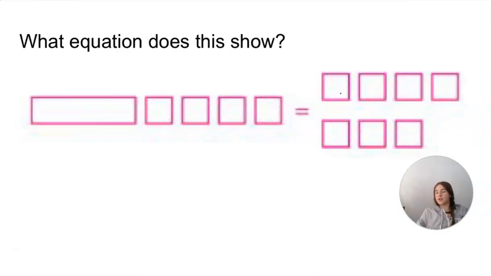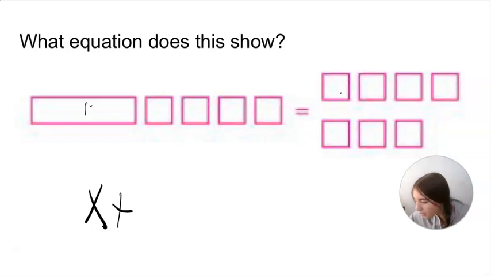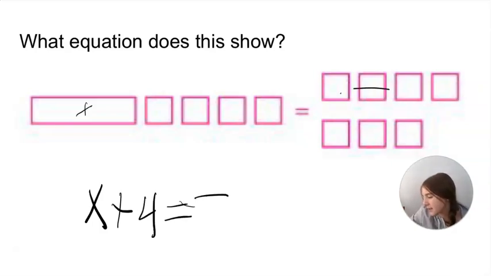Now we're going to, instead of doing a model, actually write it down. So here's 1x. Oh, this is 1x, so we're going to do x plus... Put an x there because it doesn't equal 1. Oh, yeah. And then this is 4, so x plus 4 equals 7.